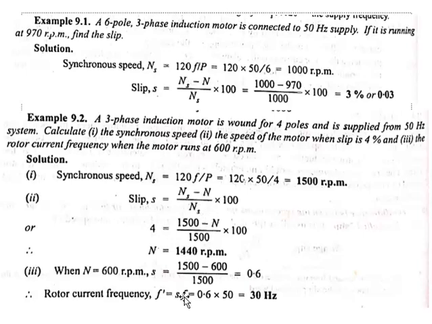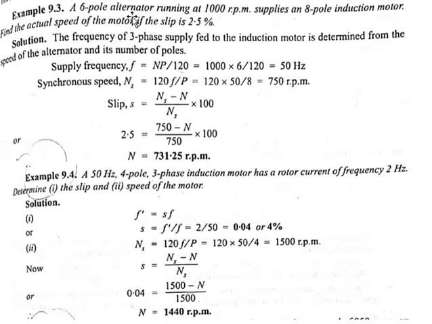You have to remember here s is the fractional slip, not percentage. Therefore s is equal to (1500 minus 600) divided by 1500. It comes as 0.6. Now the rotor current frequency f dash is equal to s f, that is 0.6 into 50 is equal to 30 hertz. So that is the rotor current frequency.